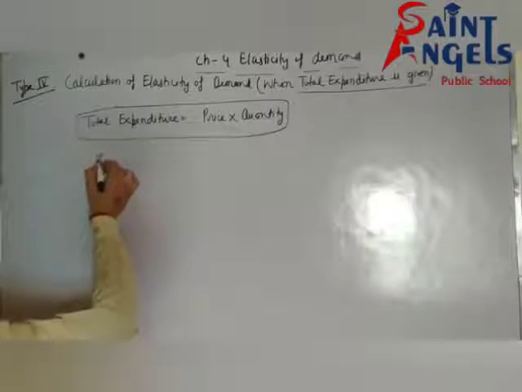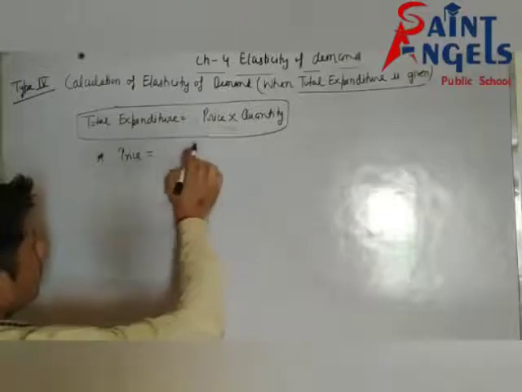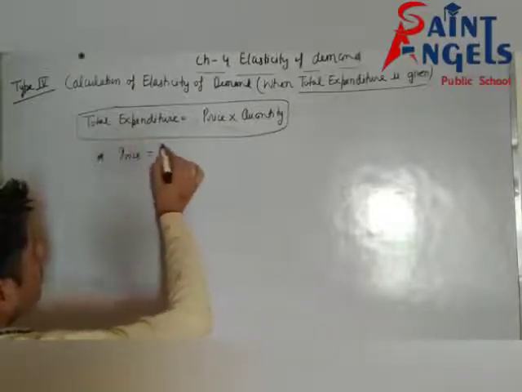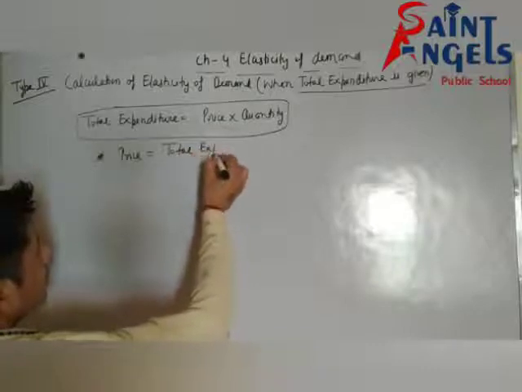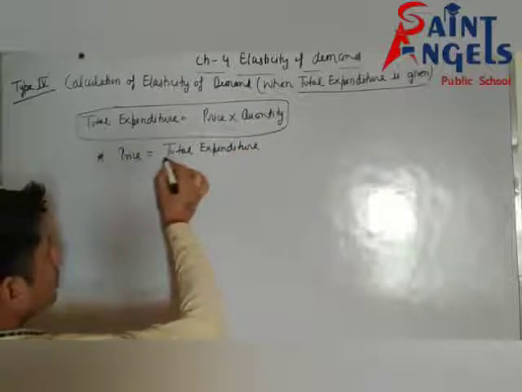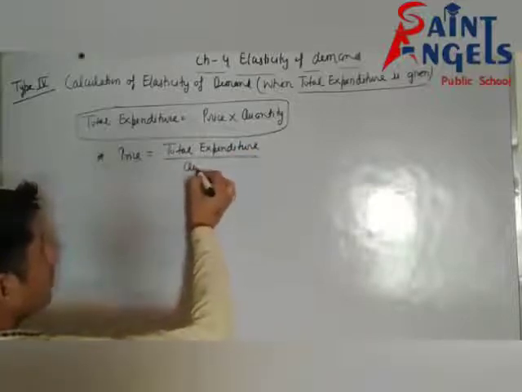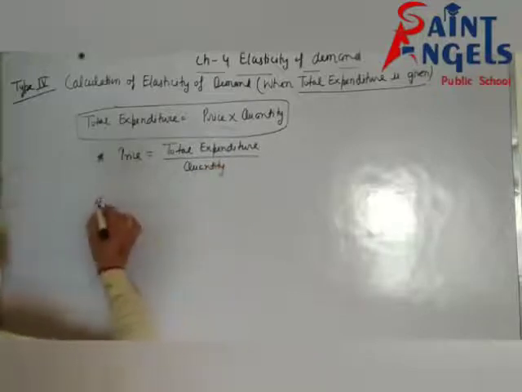Suppose you want to calculate price with the help of this formula. So total expenditure divided by quantity. I hope this is clear. See next.